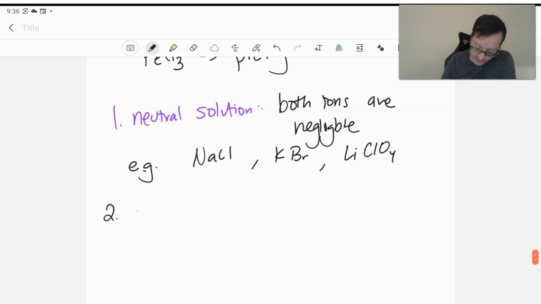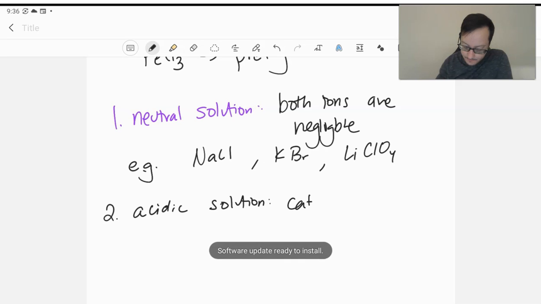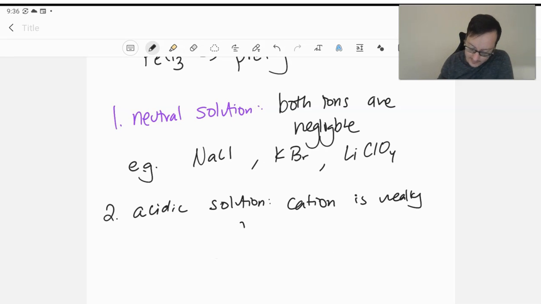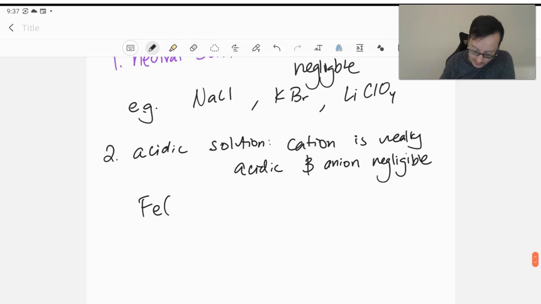Option 2 is you'll have an acidic solution. Acidic solutions are going to be when your cation is weakly acidic and the anion is negligible. For example, iron 3 nitrate.